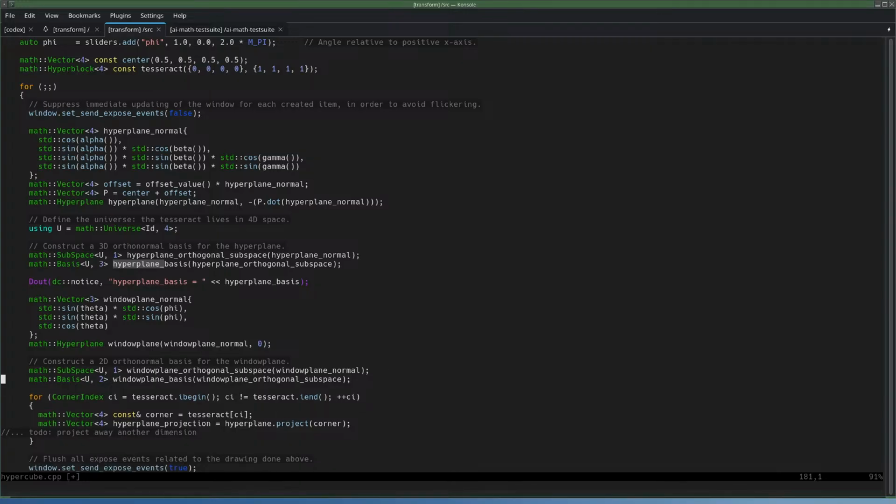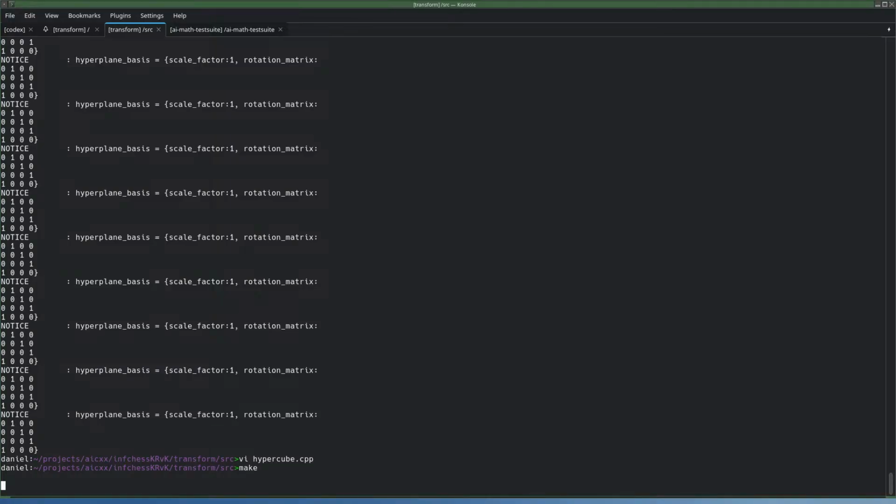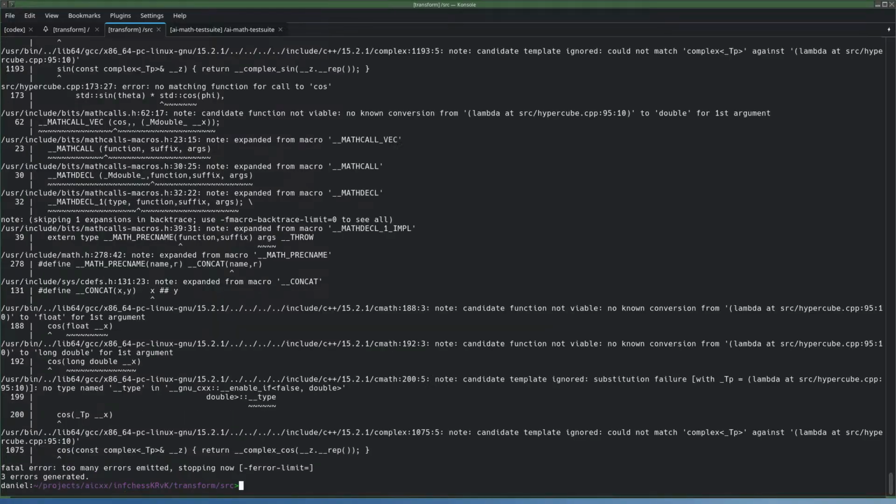Okay, so this is what I come up with when I dream it up, but it can't work because the dimension is wrong for one thing. Let's just try to compile it and see that indeed it doesn't compile. It would be bad if it compiled.